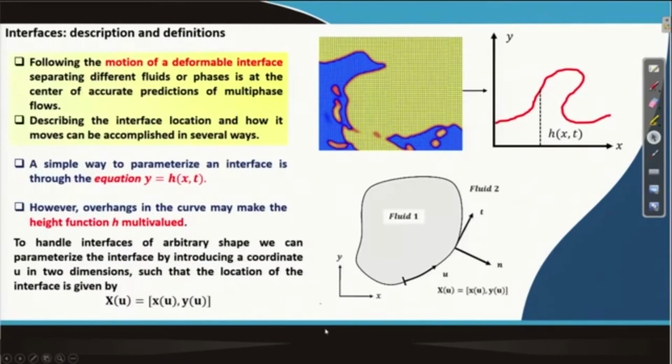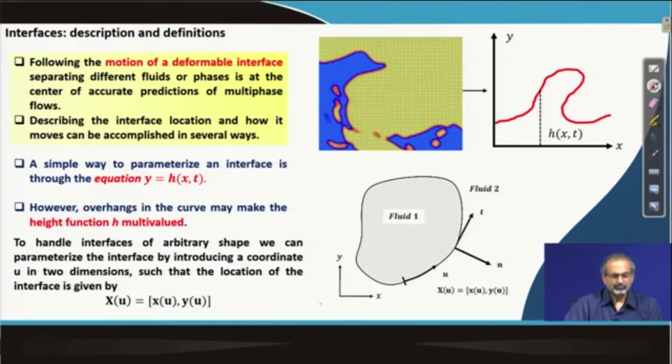Now, a little bit on what we mean by interfaces and how we describe them. So, we have a few points here. We are following the motion of a deformable interface, which is separating the different fluids or phases, and we have to model it accurately, and that is at the heart of good quality predictions of multiphase flows.